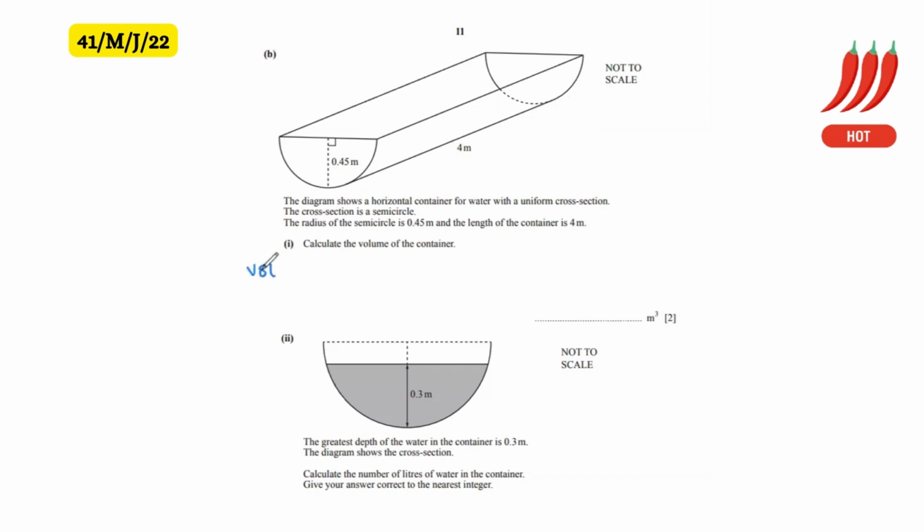So volume would be pi r squared over 2 times 4. Radius is 0.45. So pi times 0.45 squared over 2 times 4. And that gives us 1.27 meters cubed.